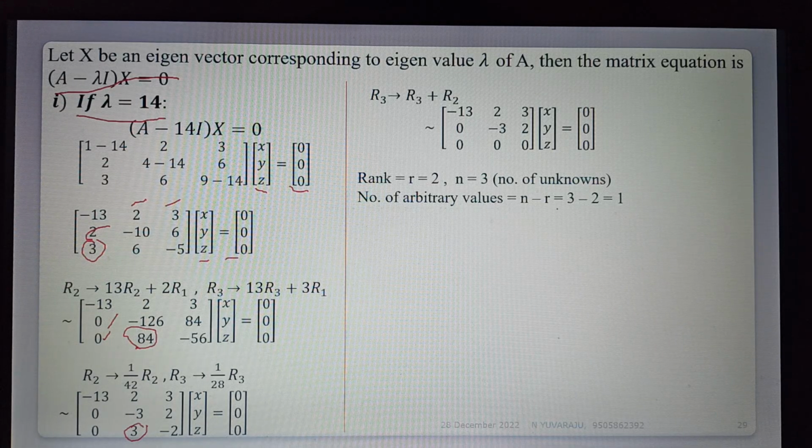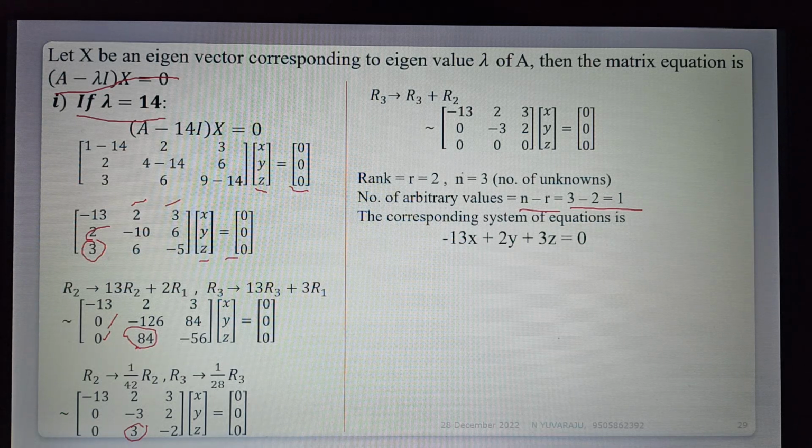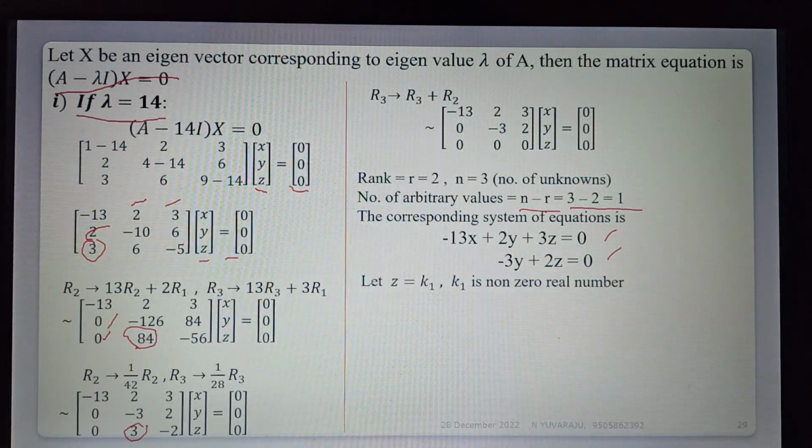The number of arbitrary values, n minus r, is equal to 3 minus 2, which is 1. The corresponding system of equations is minus 13x plus 2y plus 3z is equal to 0, and minus 3y plus 2z is equal to 0. Assume y or z takes an arbitrary value. So let z is equal to k1, where k1 is a non-zero real number.